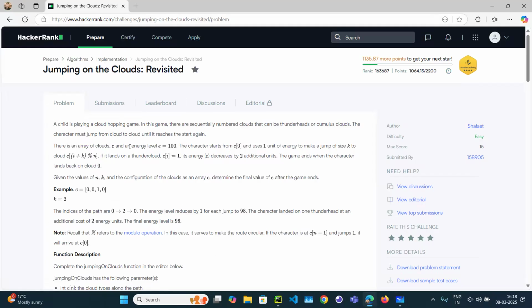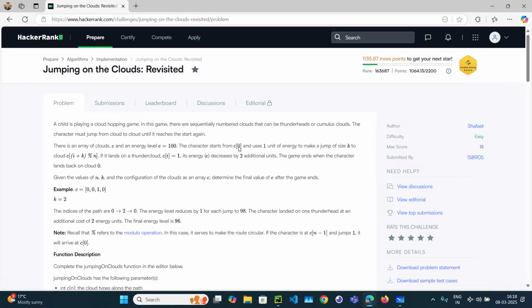And the energy level given is equal to 100, because when the child jumps from one cloud to another, he consumes some energy, right? So we are going to reduce some energy. The energy level E is 100, and the starting value will remain constant.